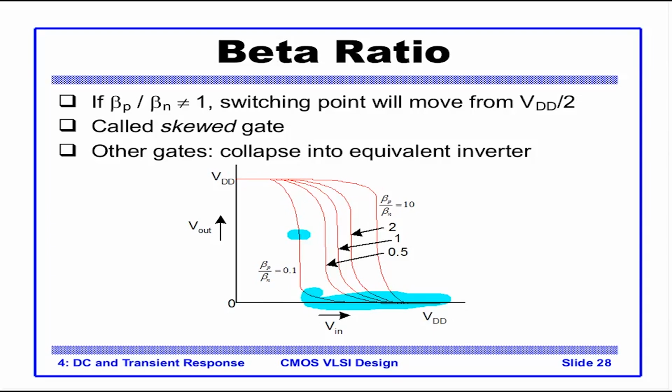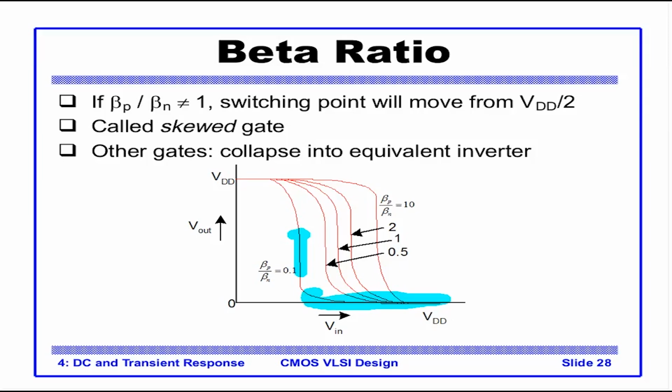So we see that by playing with the beta values or the width of the transistor, we can control the skew, the slew of this curve. We will look into the time factor later. These gates which are not balanced, this kind of gate, is not a balanced gate. It's called a skewed gate.